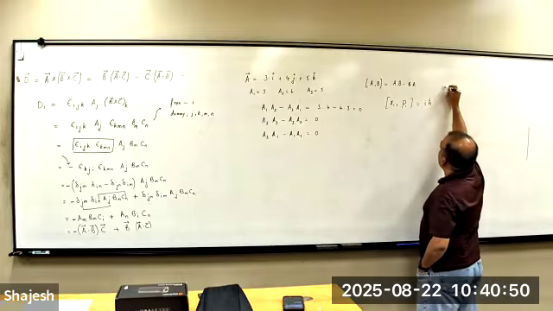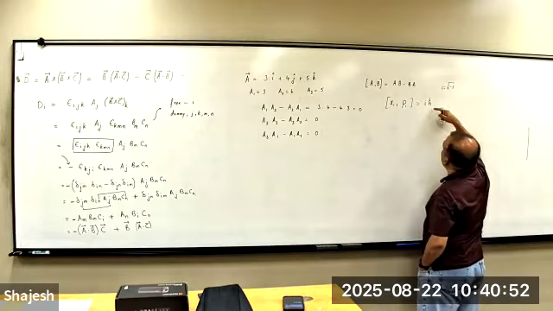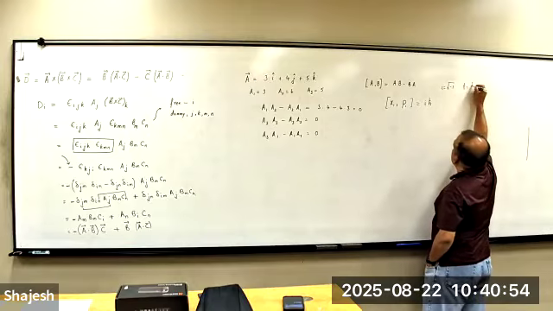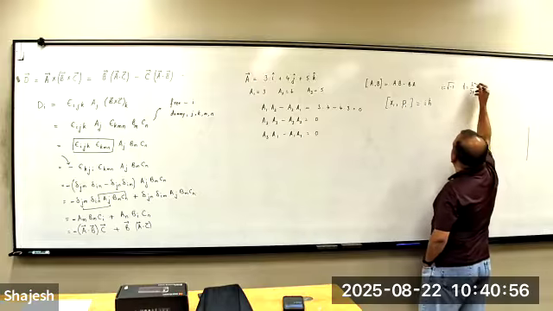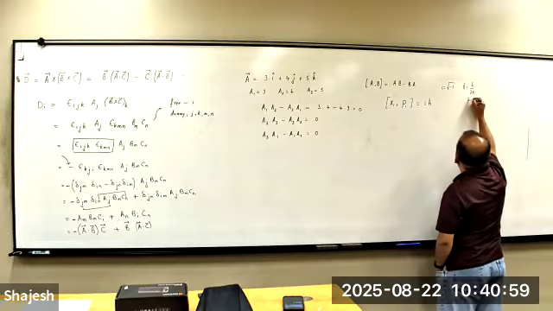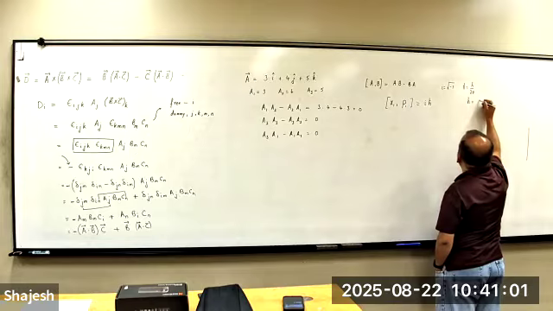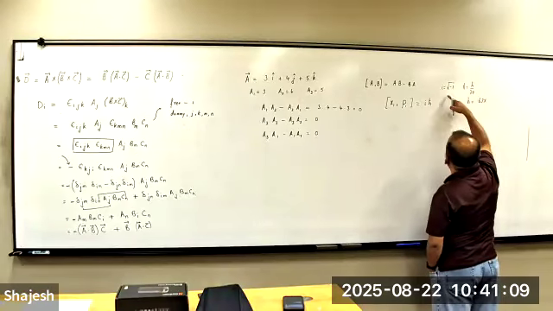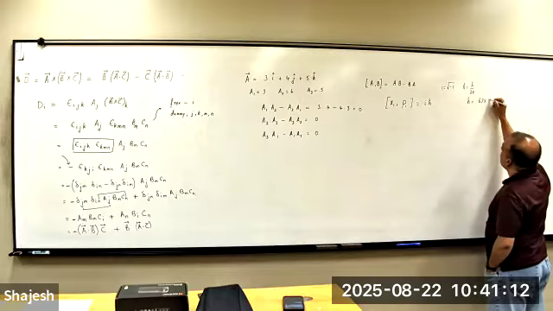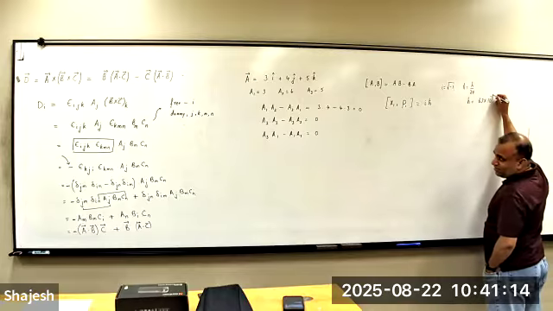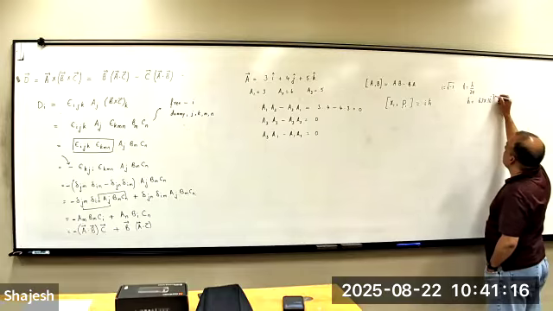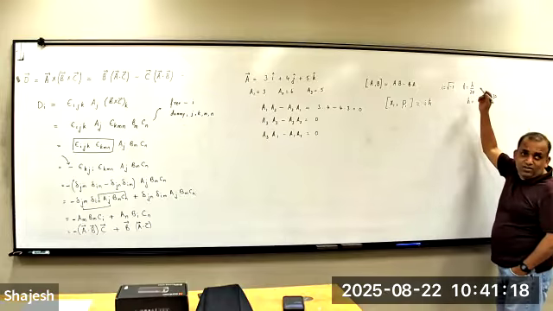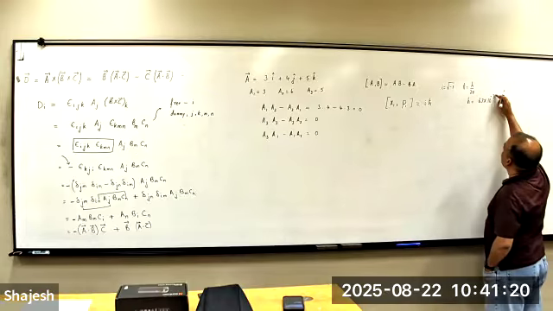i is the square root of -1, and h bar is equal to h over 2 pi, where h is Planck's constant. How much? 6.6. 6.6 times 10 raised to minus 34.